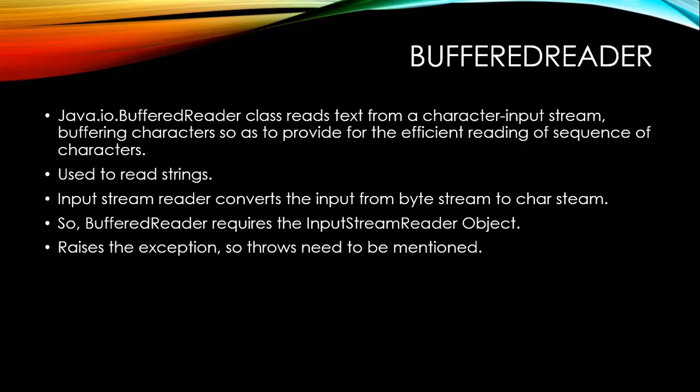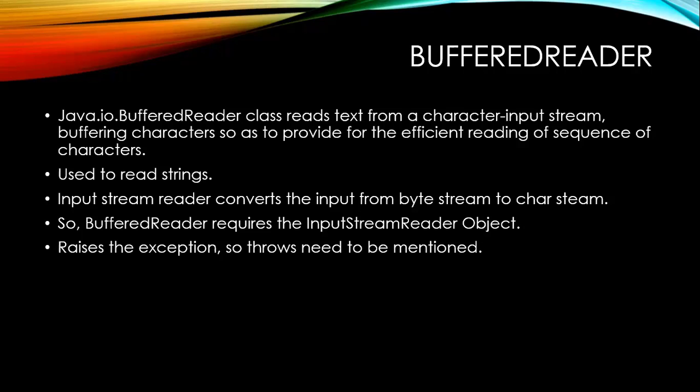Even if it reads an integer, this BufferedReader has one method called readLine. Only one method is there with respect to BufferedReader. This method is common for all the different data types. Even if it reads an integer, that integer will be considered as a string itself.